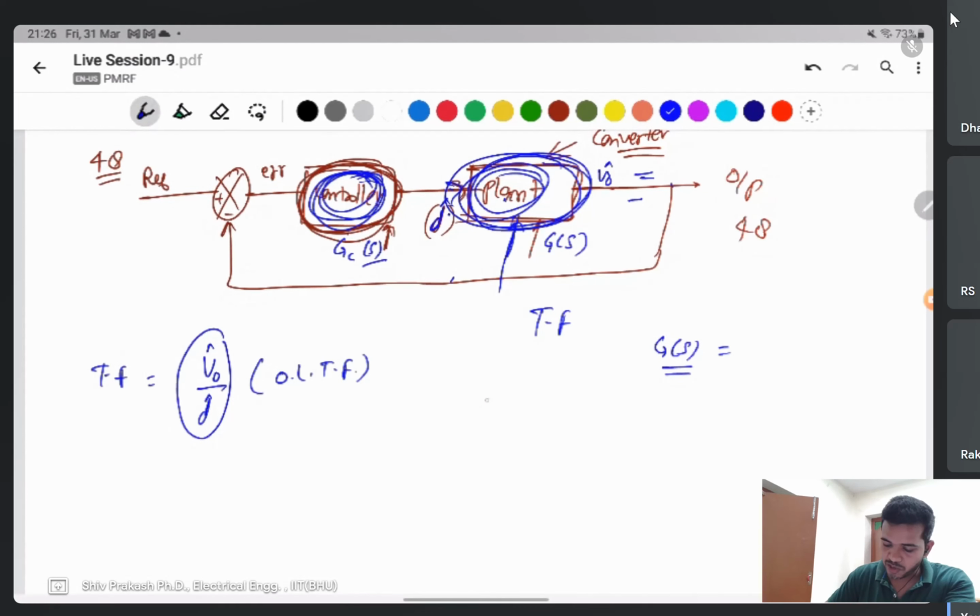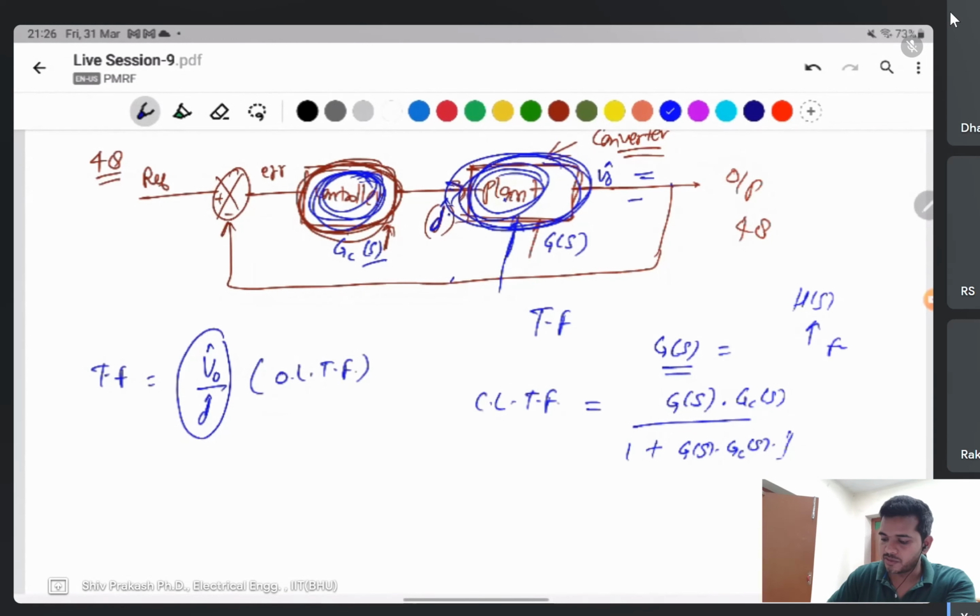Then you find the closed loop transfer function: GS divided by 1 plus GS into HS, so GS into GCS divided by 1 plus GS into GCS into HS. Here HS is 1, the feedback gain.